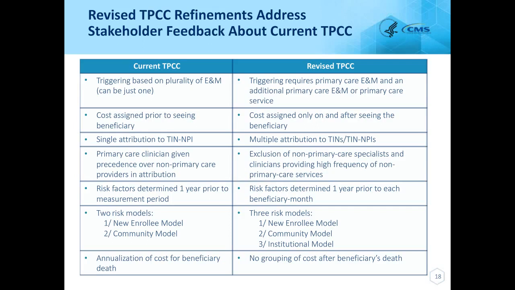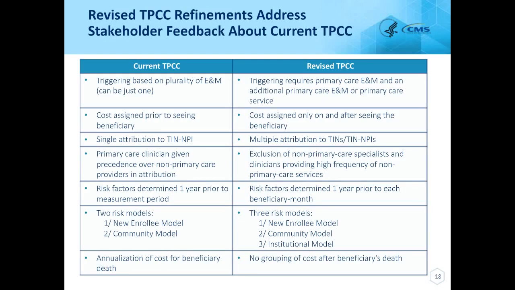So walking through these very quickly, and we're happy to answer questions about these in more detail in the Q&A session. First, the triggering or the initiation of a relationship between a clinician and a beneficiary can be based on the plurality of ENMs in the current TPCC measure.